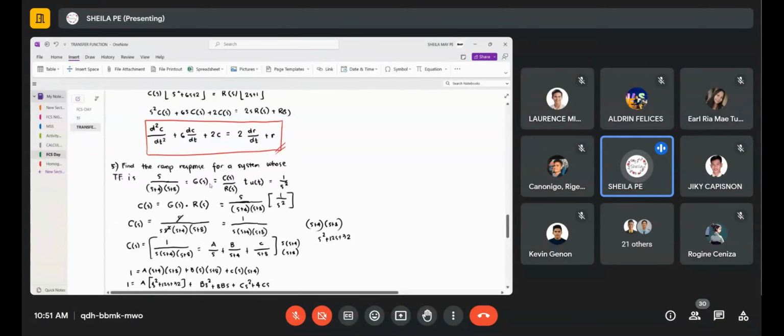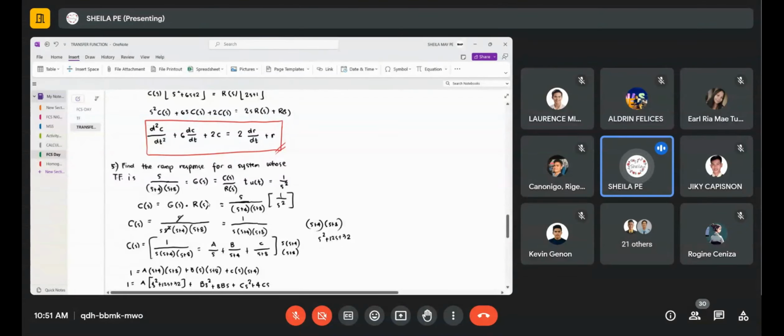So since this is G(s), c of t atong ipangita, that's the inverse Laplace of our C(s). So dapat naka C(s) over R(s) ta nga form, dili G(s). So since G(s) equals C(s) over R(s), we need to find C(s). So gi-cross multiply na ko si C(s). So that's C(s) equal to G(s) times R(s).